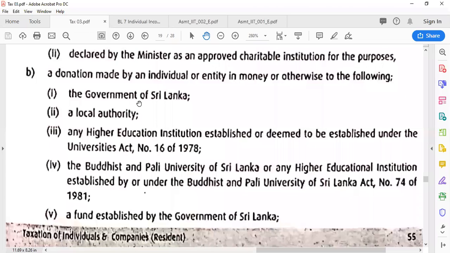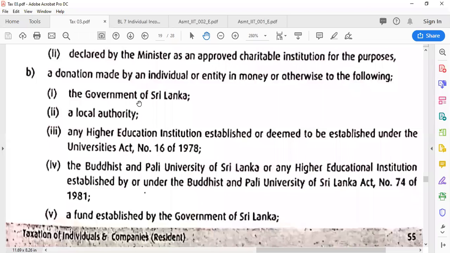Qualifying payment. Third, any higher education institution established or deemed to be established under the University Act. If you give a donation to universities, state universities, that also can be considered as a qualifying payment.